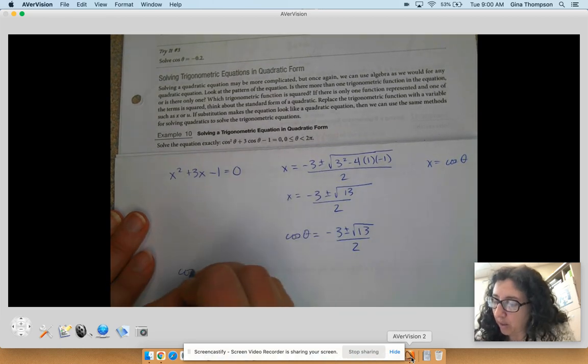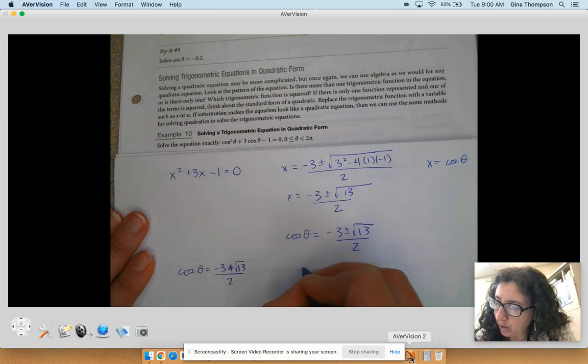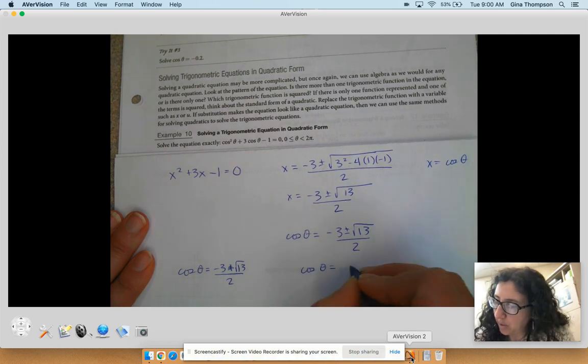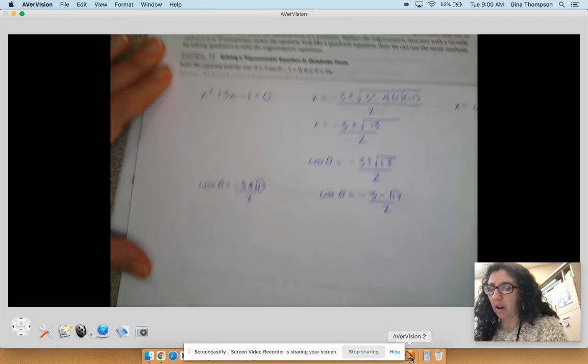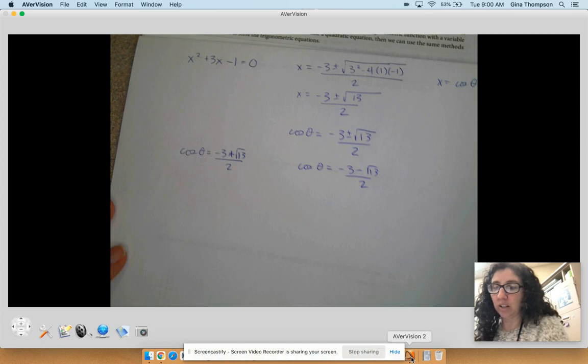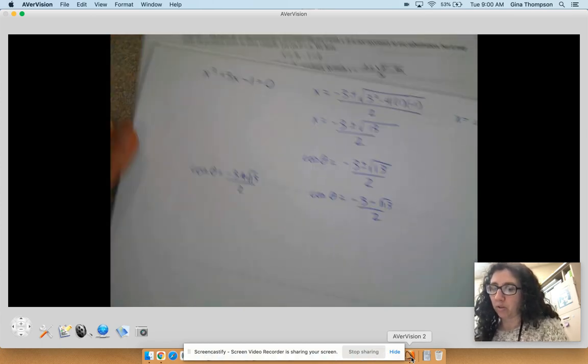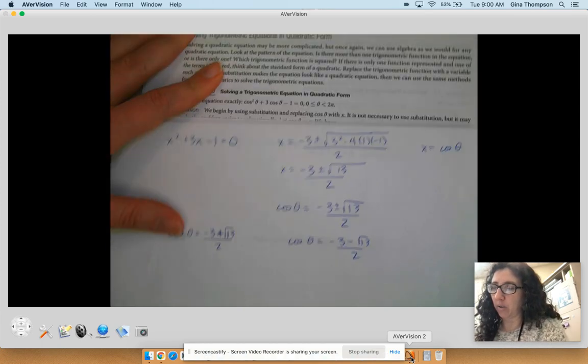I could say cosine theta equals negative 3 plus the square root of 13 over 2, and I could also say cosine of theta equals negative 3 minus the square root of 13 over 2. Those are going to give me two numbers, but obviously these aren't on my equation sheet. So how can I figure that out? Well, I use my calculator.